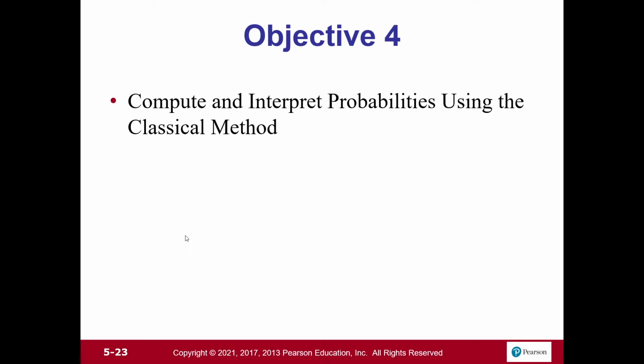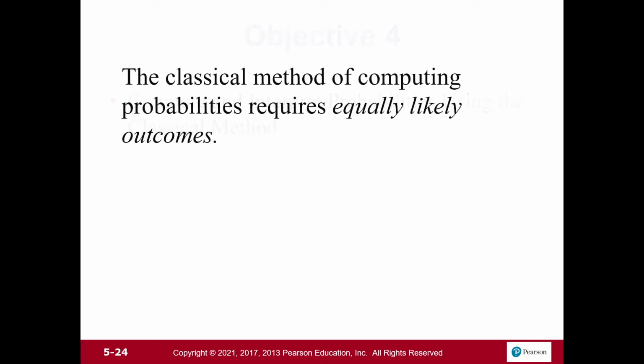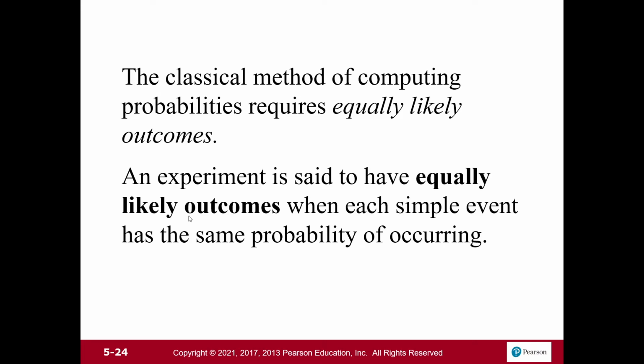Now it's time to compute and interpret probabilities using the classical method. The classical method of computing probabilities requires equally likely outcomes. An experiment is said to have equally likely outcomes when each simple event has the same probability of occurring.